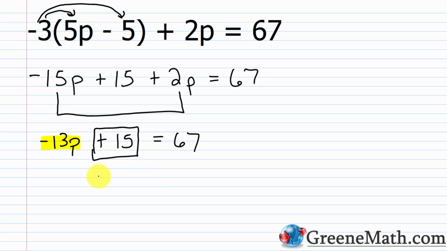So I need to subtract 15 over here, and then over here to make it legal, I need to also subtract 15. So this is going to cancel and become 0. And I have isolated my variable term on one side, so I have negative 13p here. And then over here, 67 minus 15, that's going to give me 52, right? 7 minus 5 is 2, 6 minus 1 is 5.